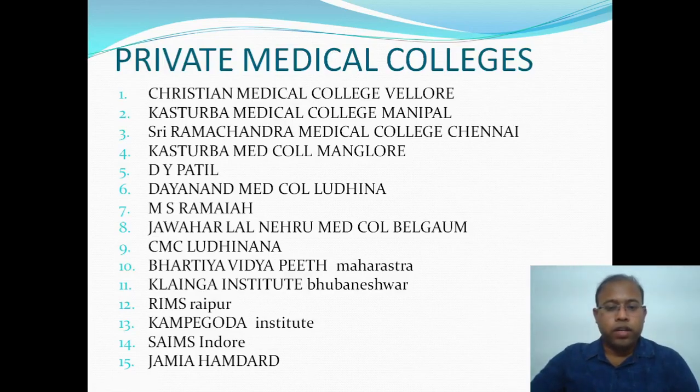Well, you can choose or change according to the fee structures. You can find the fee structures of all these private colleges in the Telegram groups, and you can join my Telegram group.